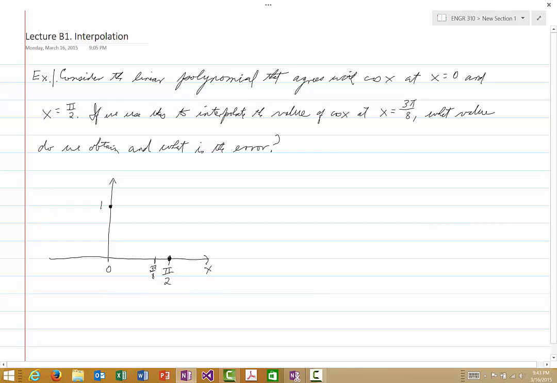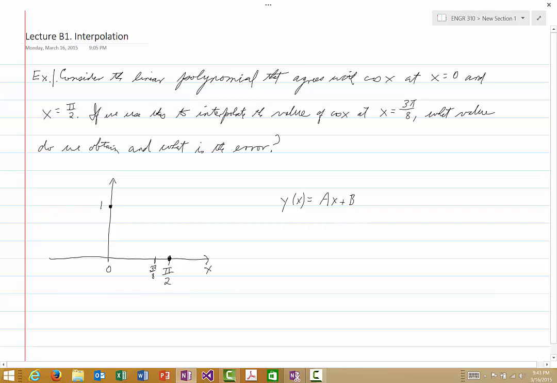And so we're going to assume that this unknown function can be well approximated by a linear polynomial. And the reason it has to be linear here is that, think about it. So we can say something like y of x equals ax plus b.